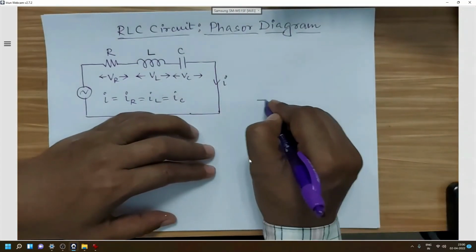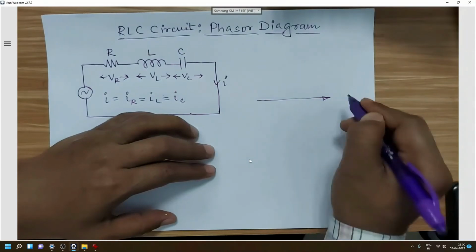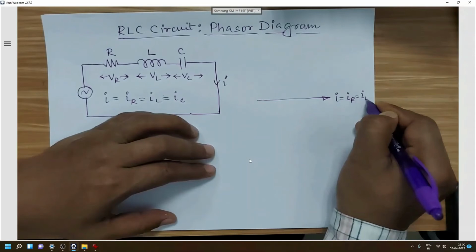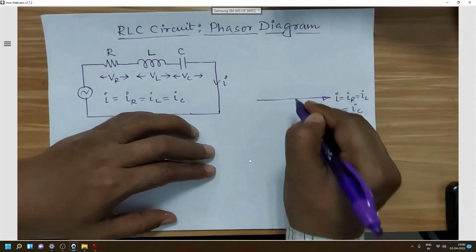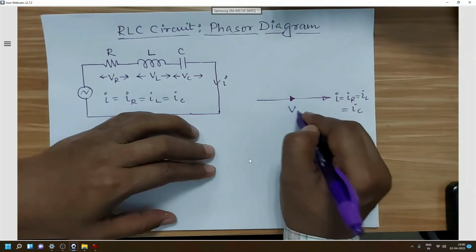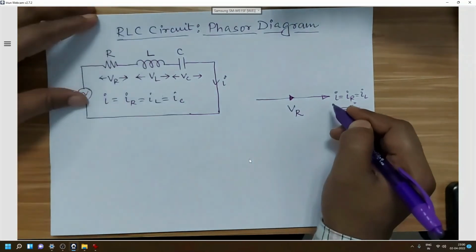Now for the phasor diagram we will draw I equal to IR equal to IL equal to IC, and the voltage across the resistor will be in the same phase, so VR.